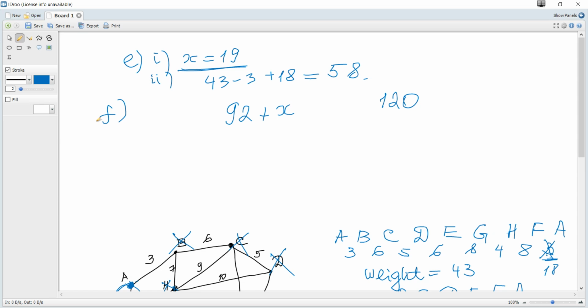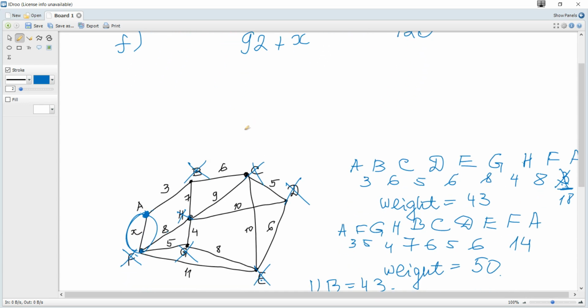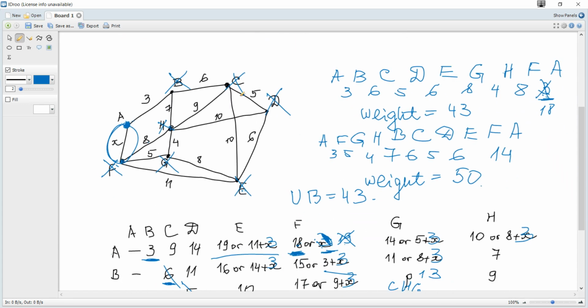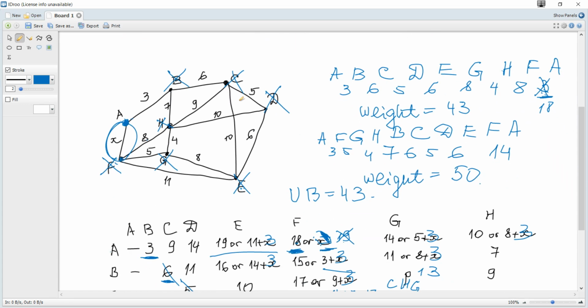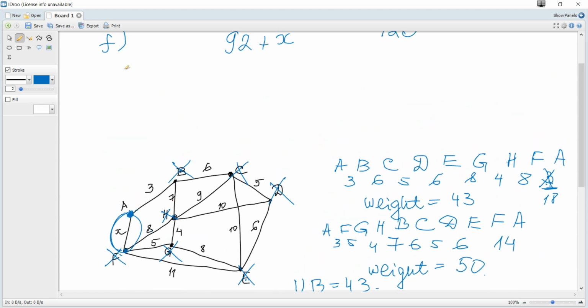So this question is about what? It's about visiting all edges with minimum total weight, and it's about an Eulerian circuit. For a graph to have an Eulerian circuit, all vertices must be of even degree, and here you can see that B, D, G and H are of odd degree.